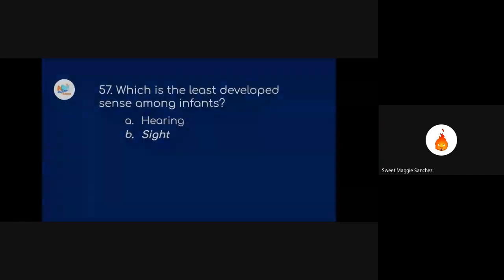Okay. Number 57, which is the least developed sense among infants? So, syempre, it should be sight. Yes, it's least developed kasi while pregnant pa lang, syempre close yung mata mo, 'di ba?